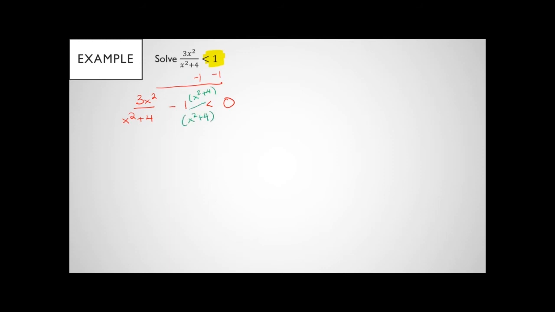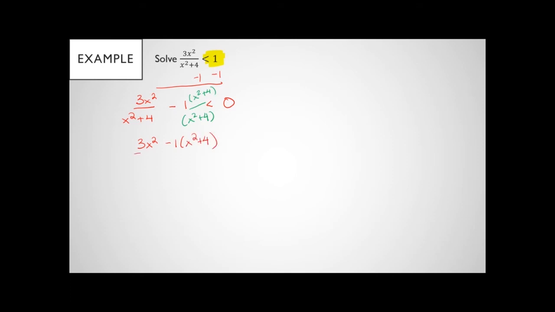We're going to write a fraction x squared plus 4 over x squared plus 4. So this gives us a 3x squared and then minus 1 times x squared plus 4.